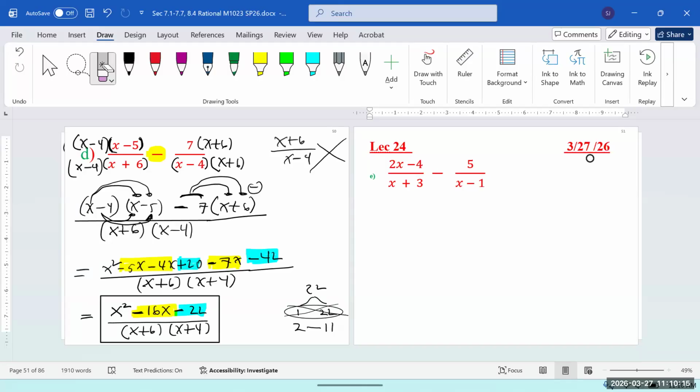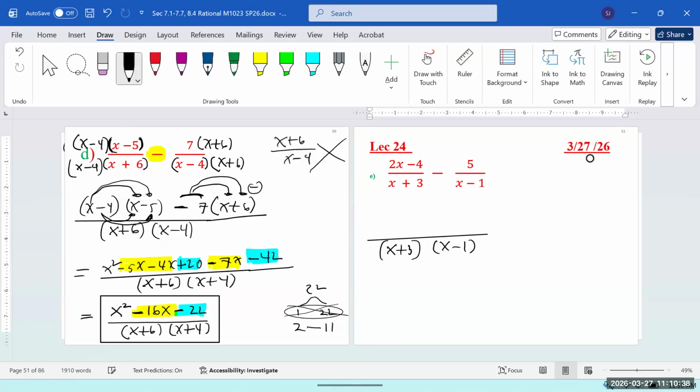Okay, so let's start with our addition and subtraction. We are subtracting. So do you remember what is our first step? What do we do? Denominator. So what is our LCD here? X plus 3 and x minus 1.